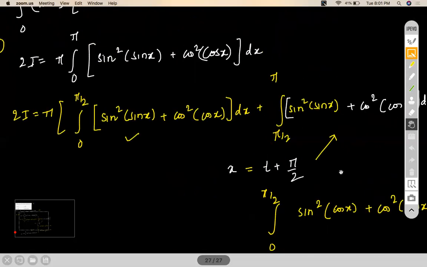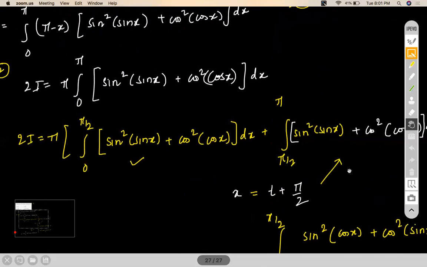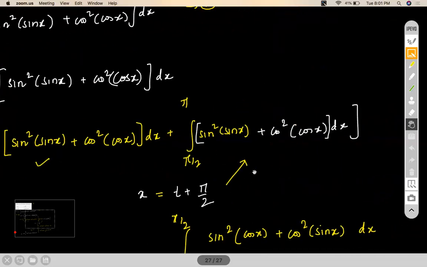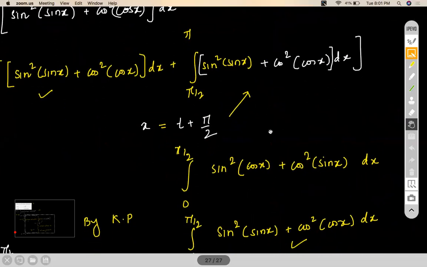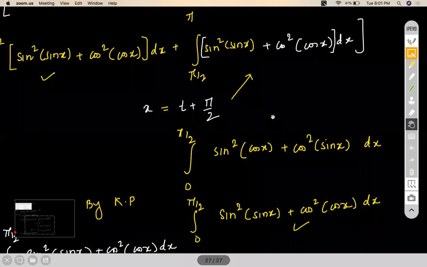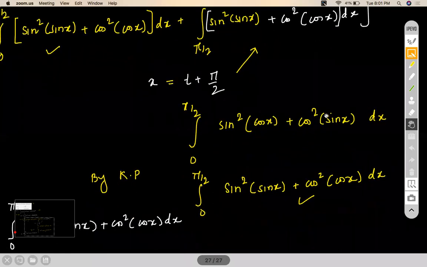We have sine square sine x plus cos square cos x in the left integral, and in the right one we have sine square cos x and cos square sine x. When we add them, we'll get 1 plus 1.